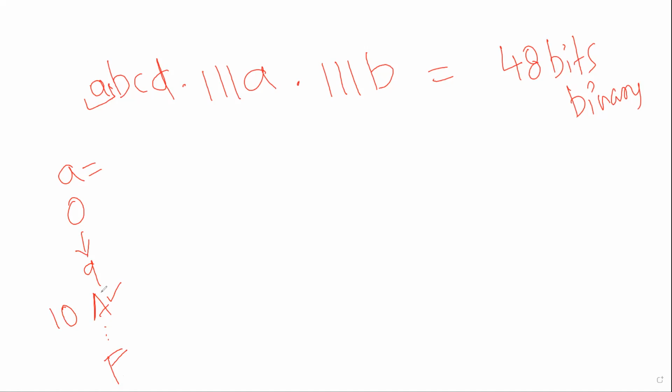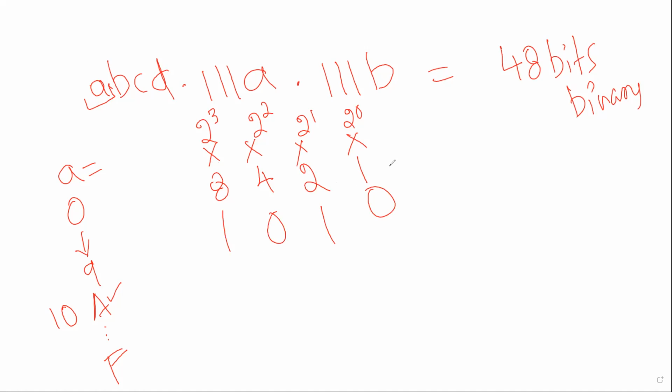For 4 bits, each could be either 0 or 1: 2 raised to 0, 2 raised to 1, 2 raised to 2, 2 raised to 3. 2 raised to 3 is 8, 2 raised to 2 is 4, 2 raised to 1 is 2, and 2 raised to 0 is 1. For 10, that means 8 plus 2, so the remaining must be 0. So this is the binary value of A.